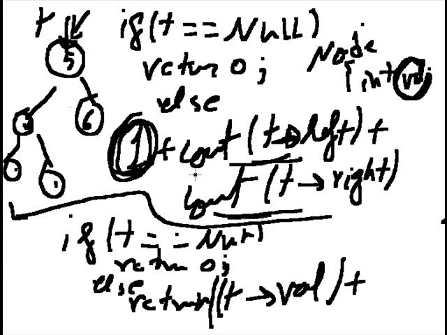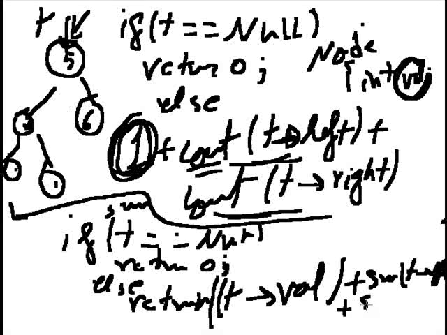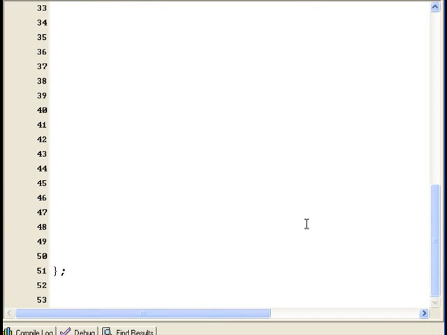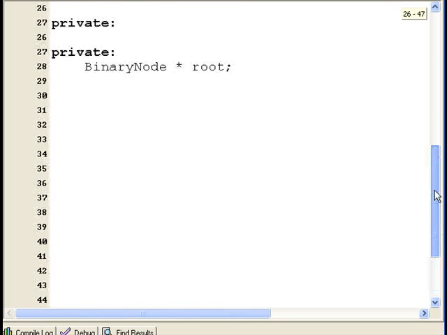What is the name of the function now? Instead of count, I will name it sum. So sum t slash left, plus sum t slash right. So it's the same as count, but here I have sum. That's it.